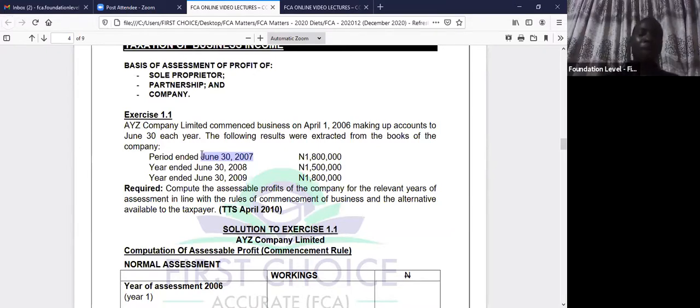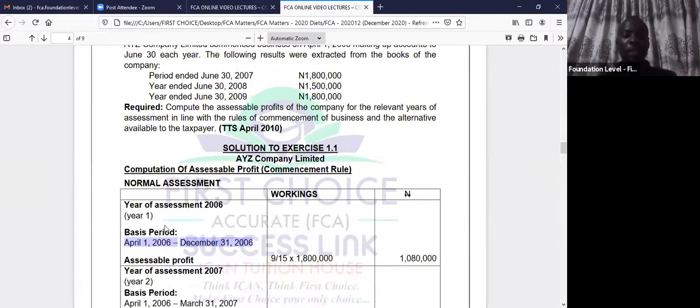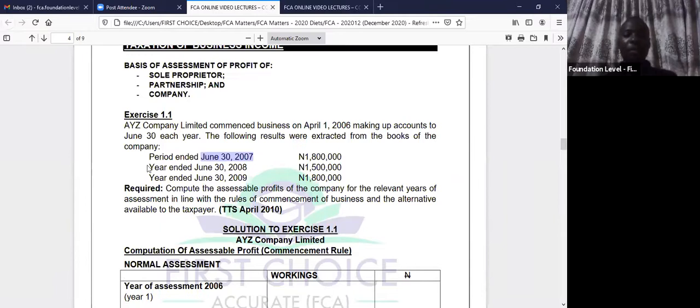From April 1, 2006 to December 2006, this period is a 9-month period. Then we have from January to June 27, which is 6 months.